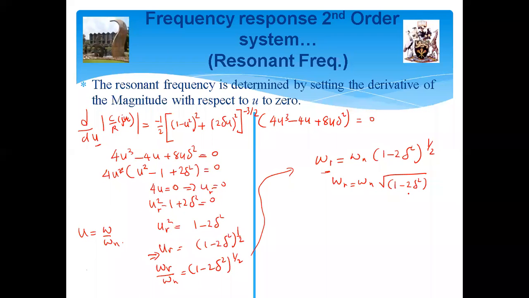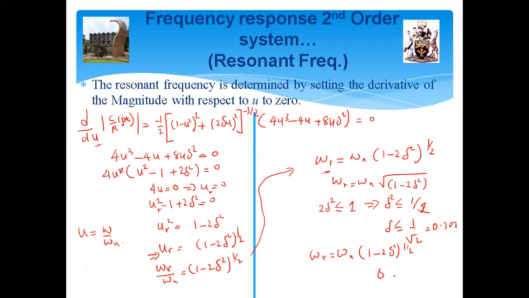And we can't have an imaginary frequency. So for this to be valid, 2 delta squared must be less than or equal to 1, which translates to: this equation is valid when the damping ratio is less than or equal to 0.707.